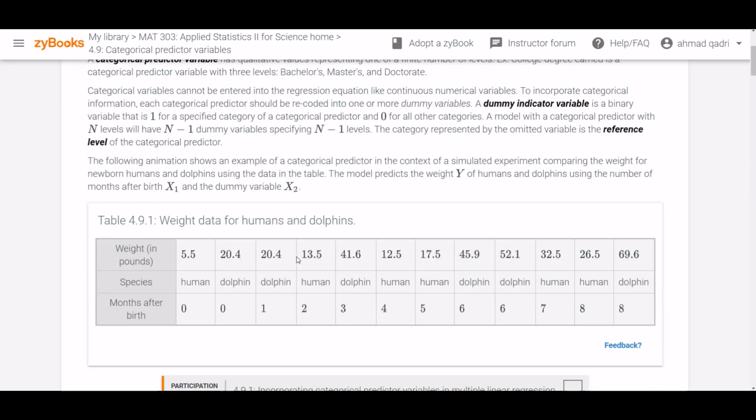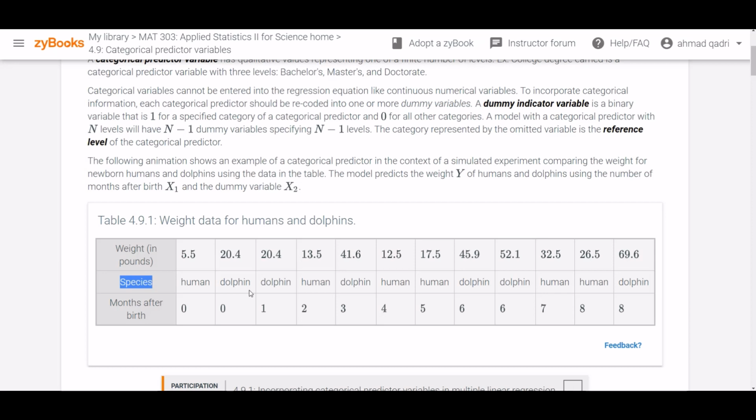So there's a really nice data set in this section for weight data for humans and dolphins. So you'll notice that this has weight in pounds. So clearly that is a numeric variable, takes numeric values here. But then there's a variable species that takes levels human and dolphin. And we would like to use this as a predictor in a multiple regression model.